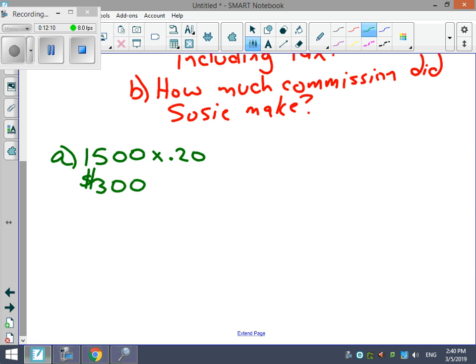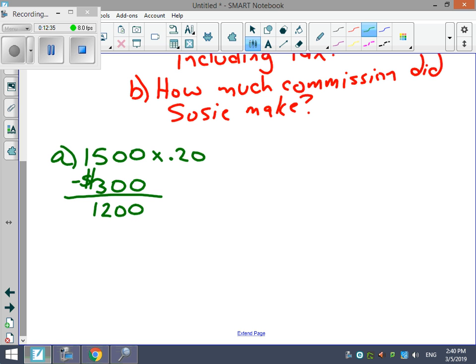Remember, that is 20% off of the price. So in order to figure out how much the necklace costs, we will have to subtract: 1,500 minus 300 is $1,200. That's how much it is with the discount. But before Mary can take it home, she has to pay tax.